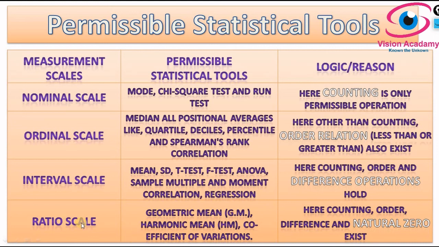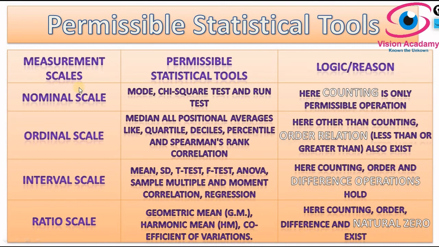That is why all the statistical tools applicable on a lower scale, in the sense nominal scale, ordinal scale, interval scale, will automatically be applicable on the next level scale. As I said, the tools applicable in nominal scale will automatically be applicable in ordinal scale. Tools applicable in interval scale will automatically be applicable in nominal and ordinal scale. So I have not repeated the permissible statistical tools used in the lower scale. It is understood it is also applicable in higher scale.